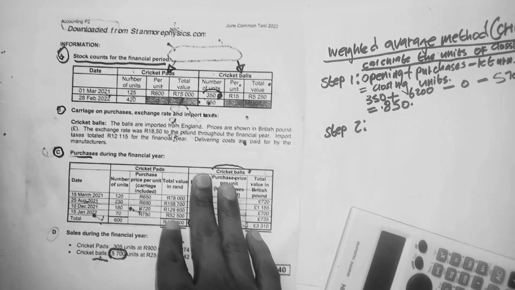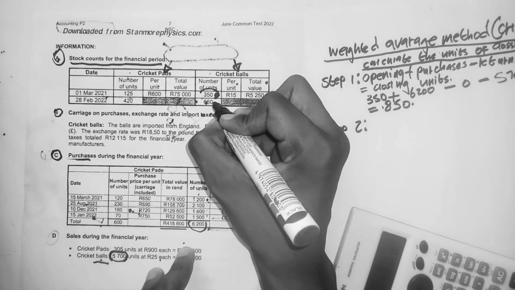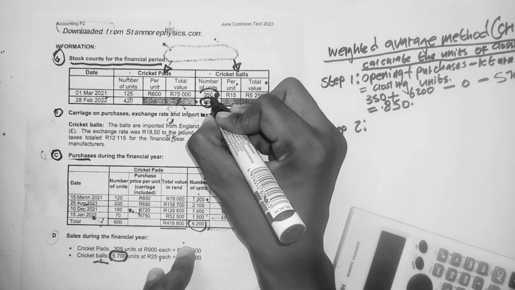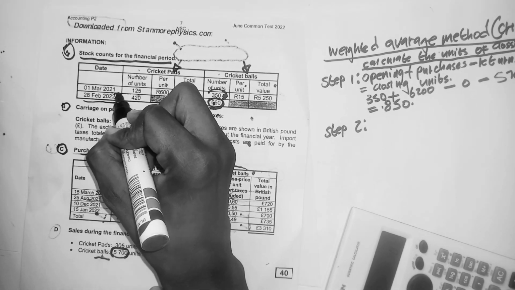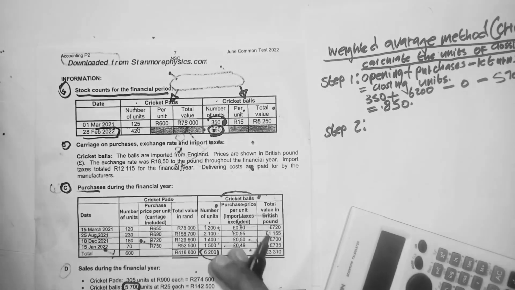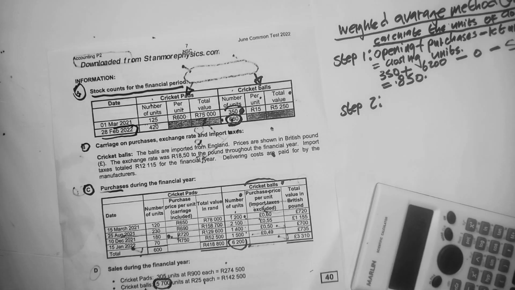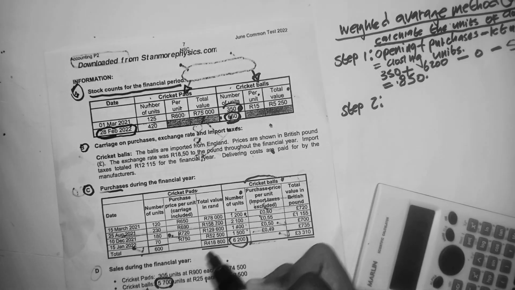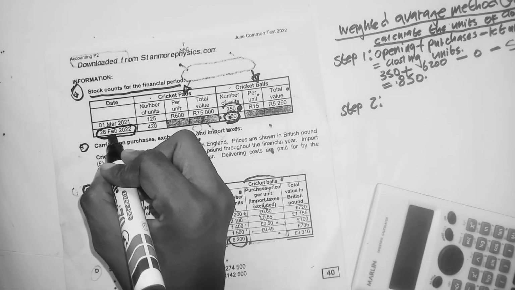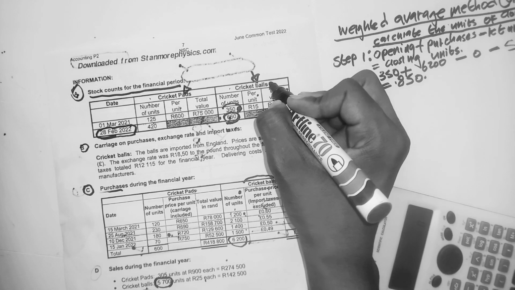Check quickly where they give us: right here, on 28 February 2022. So they are giving us on 28 February 2022 on cricket balls.